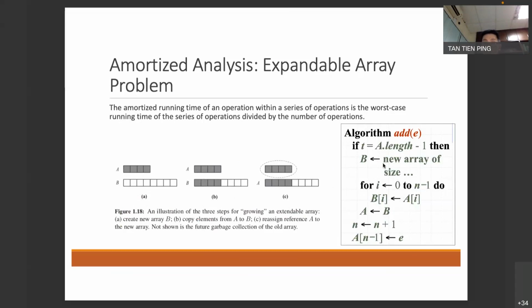But most of the time, the operations take a constant amount of time when we add. So through amortized analysis, we want to know on average what's the complexity of the add operation.